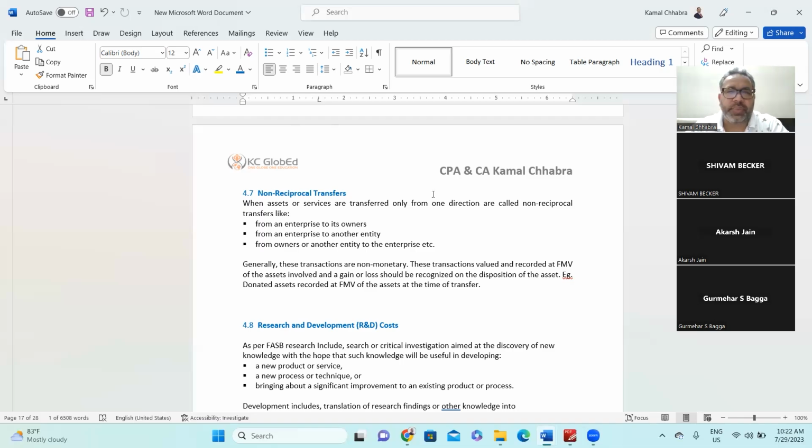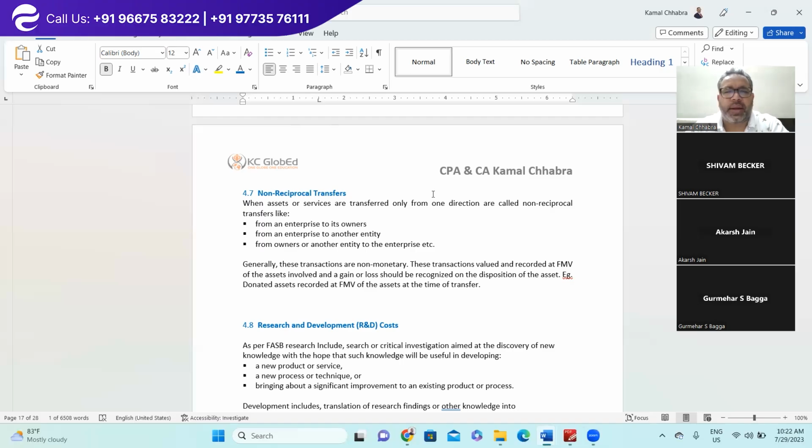For example, there is Mr. X, who is, let's say, an 80% shareholder of B Limited. Mr. X has transferred his land and building to B Limited.